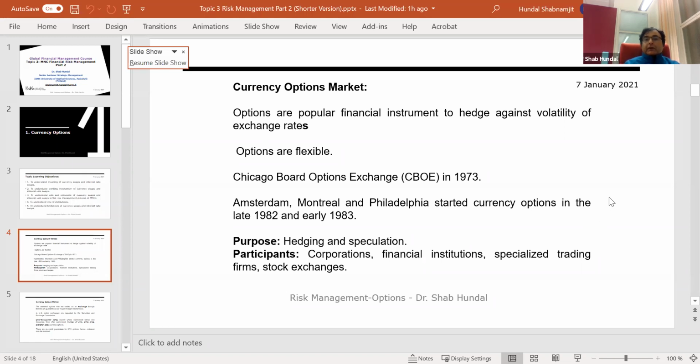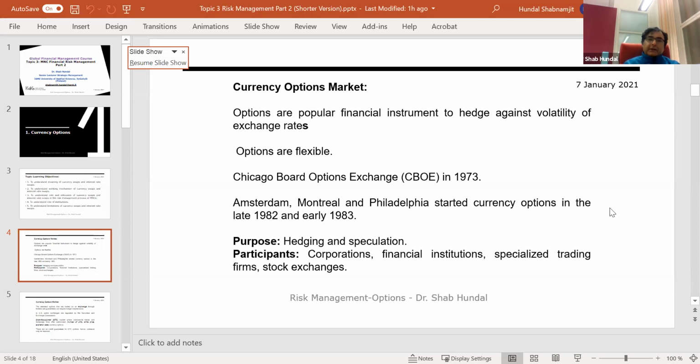But on the contrary, the options, look at the word option. Even if you don't use the word option in the context of finance, if somebody asks you, hey, you have the option, option means you can do this, you can do that, or you can do this, you cannot do that. So you have a choice.